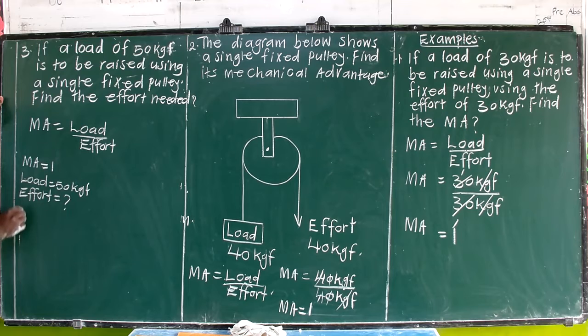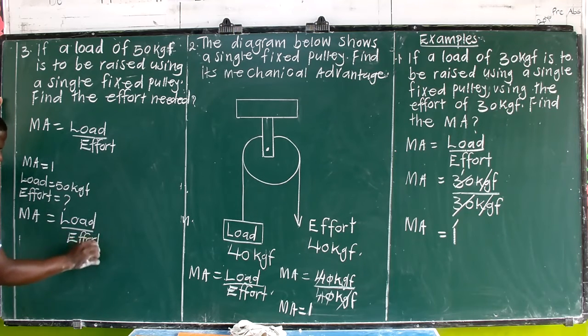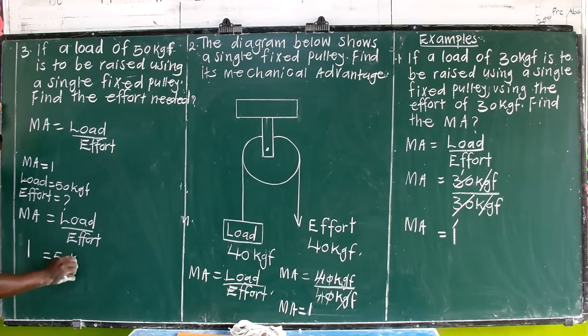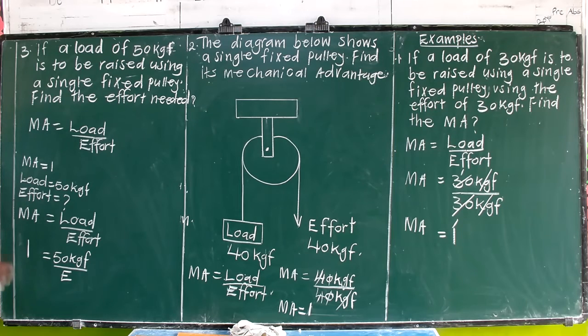So we come and say mechanical advantage equals load out of effort. Then we substitute. Our mechanical advantage is 1, so 1 is equal to, our load is 50 kilogram force, our effort is E. So how do we find the value of E?